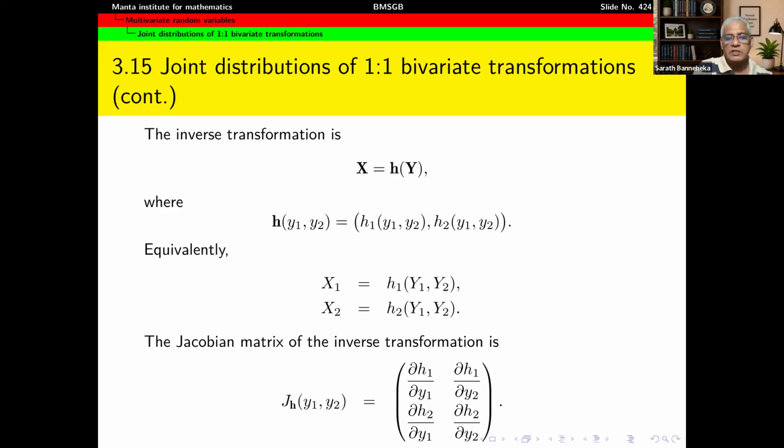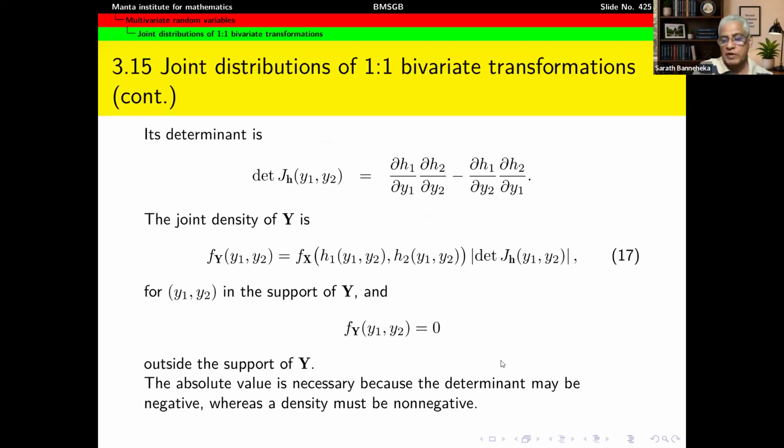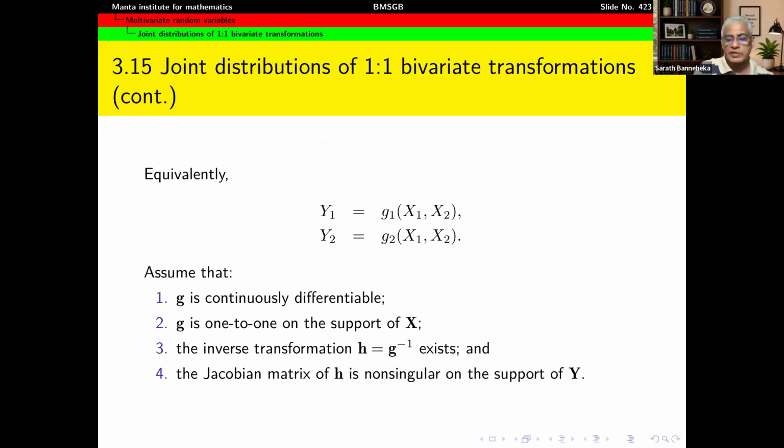Similarly, this function is x2, so the derivative of x2 with respect to y1 and the derivative of x2 with respect to y2. That is the Jacobian matrix, denoted as JH of y1, y2. So that is the Jacobian of the transformation H. What we need is the determinant of that.